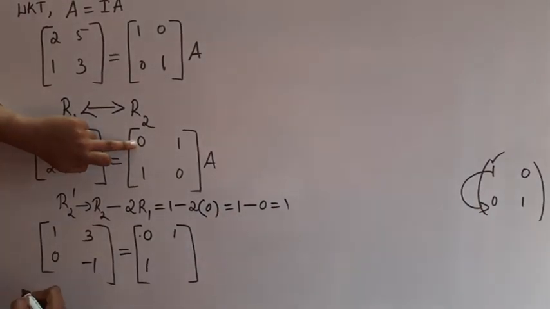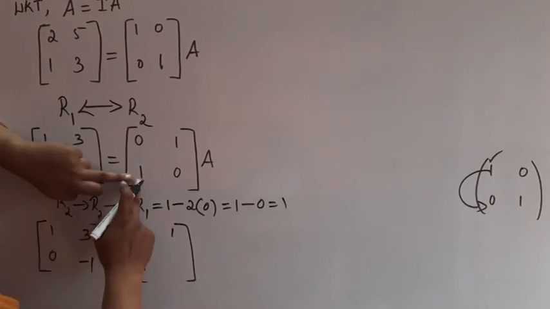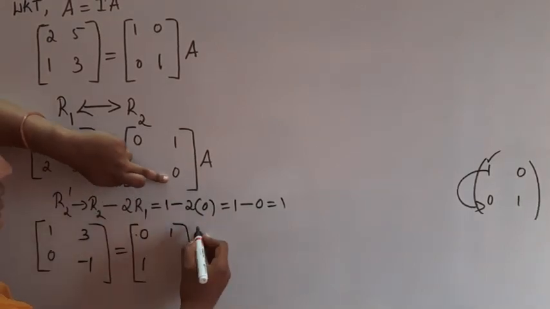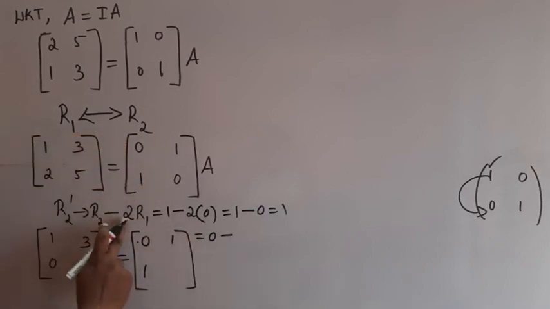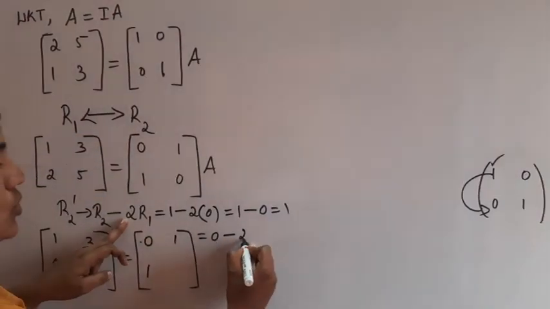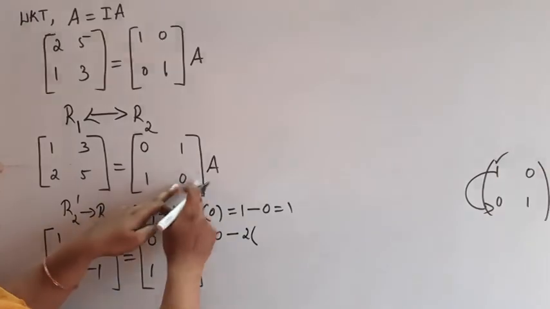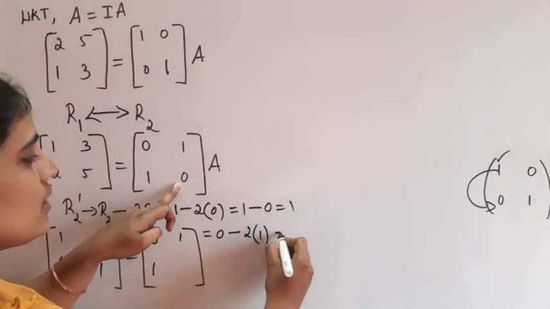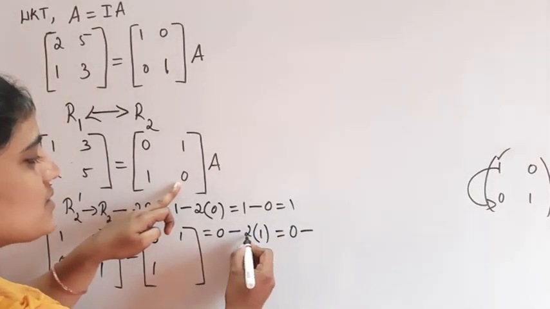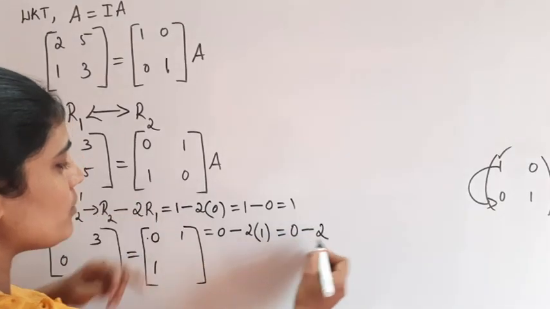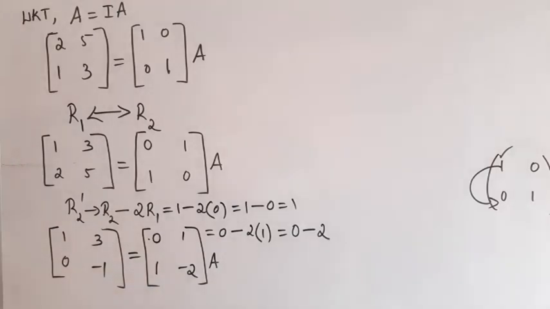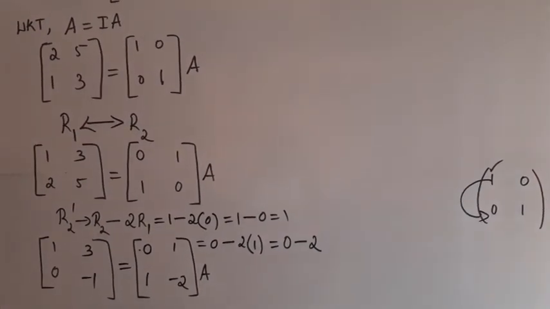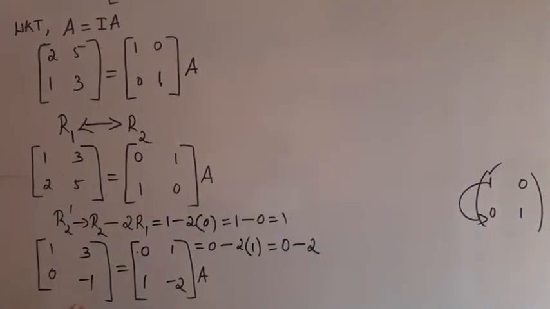Is it clear? Next we have to apply for the same row, second element. So here R2 is 0 minus 2 into R1. That corresponding R1 is 1, which is equal to 0 minus 2 ones are 2, 0 minus 2 is minus 2, into matrix A. So that is 1, 0 is completed.